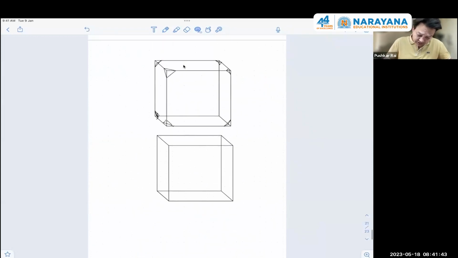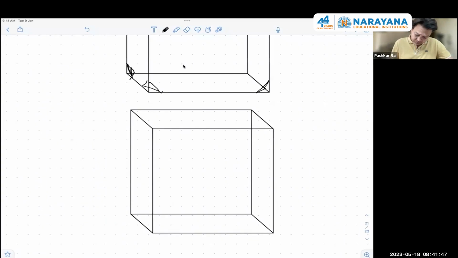Now, if you start doing it in a similar manner, a situation will come when you will realize that half of this you pick and make it like this. Something like this will be seen at one stage of cutting.